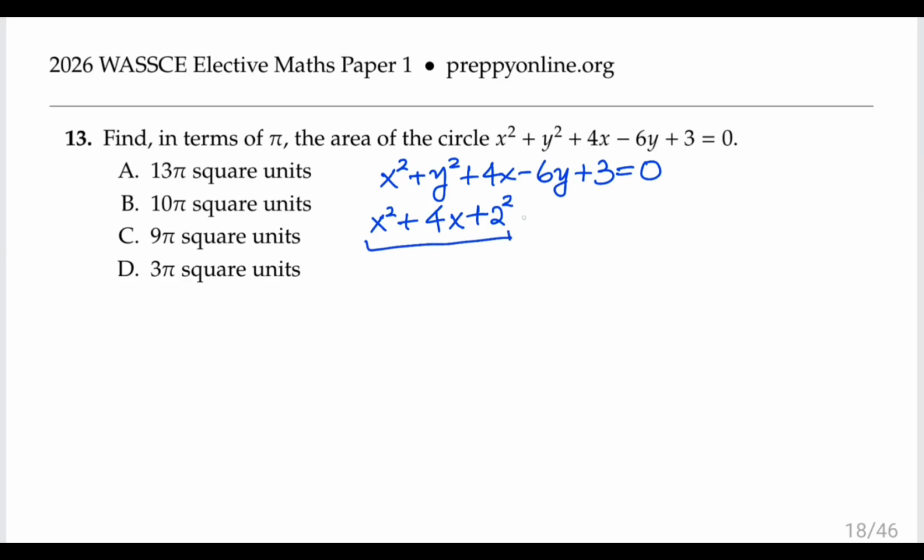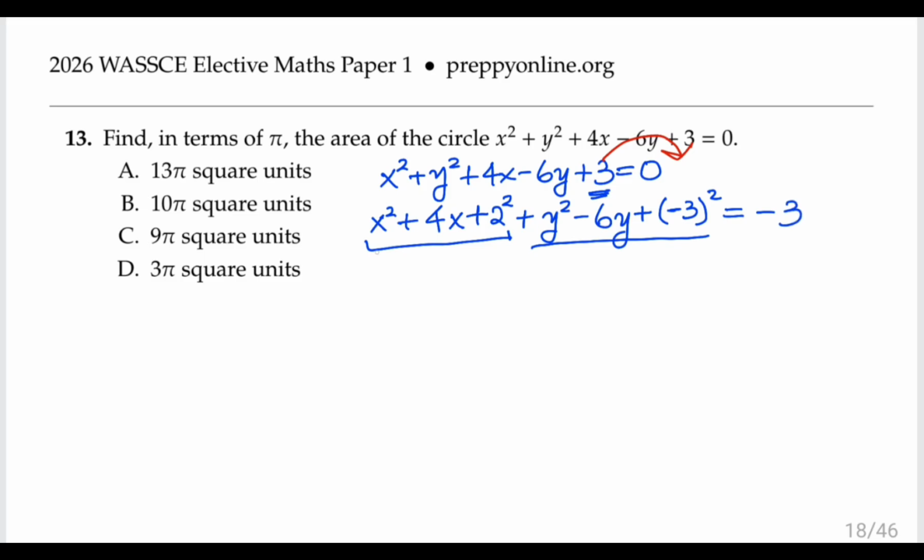Then we have y squared minus 6y. Here too, the coefficient of y is minus 6, and half of that is minus 3. So we add the square of minus 3. That's what's going to make this a perfect square. And then we bring the constant term to the other side, so we're going to have minus 3 on this side.